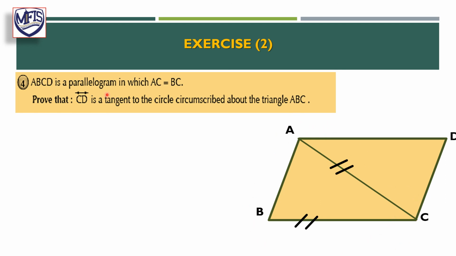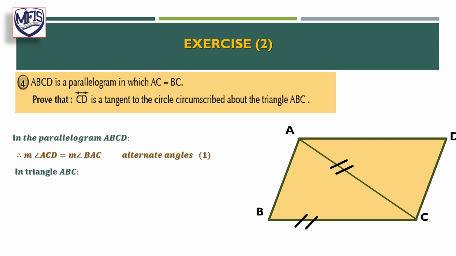Look at our steps. In the parallelogram ABCD, therefore measure angle ACD equals measure angle BAC, alternate angles. This is number 1. In triangle ABC, since AC equals BC, therefore measure angle B equals measure angle BAC.